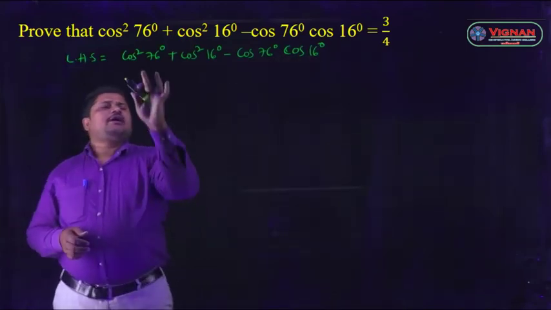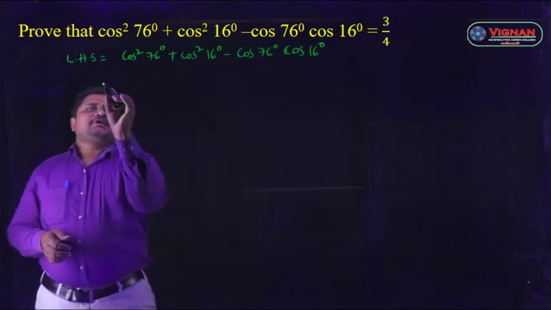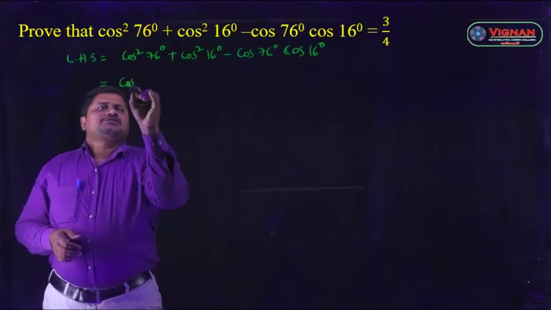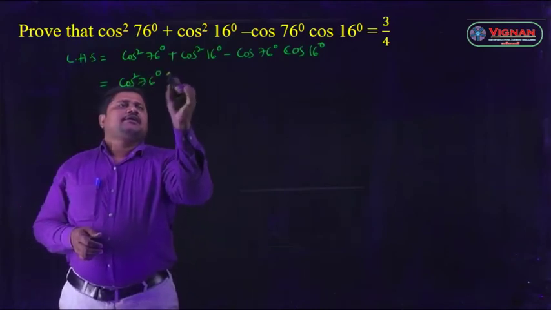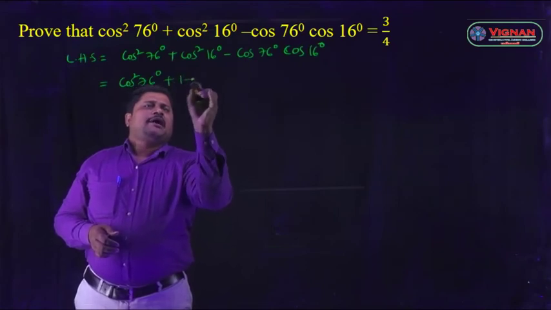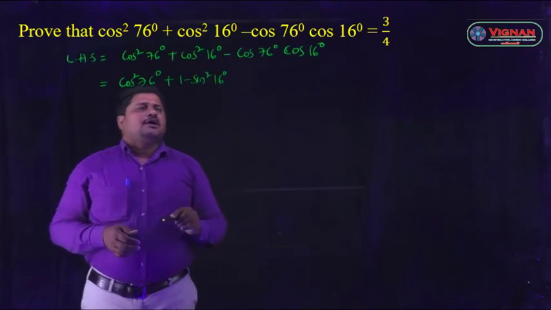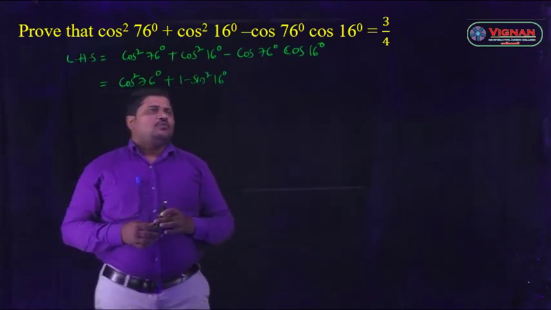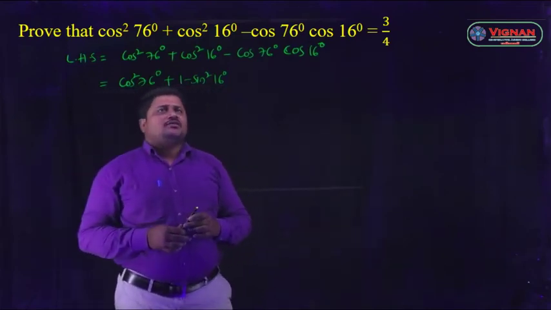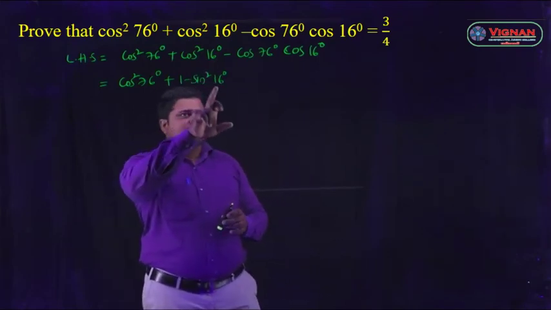Here we don't have any formula for cos square 76 plus cos square 16. Then we convert cos square 16 into 1 minus sin square 16. We have a formula cos square theta equal to 1 minus sin square theta. Then we write cos square 16 is equal to 1 minus sin square 16.